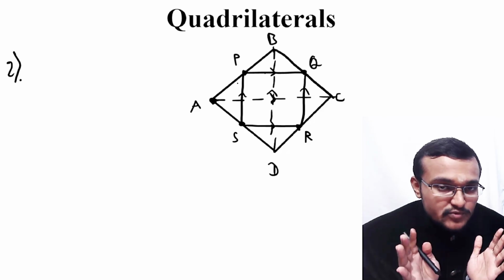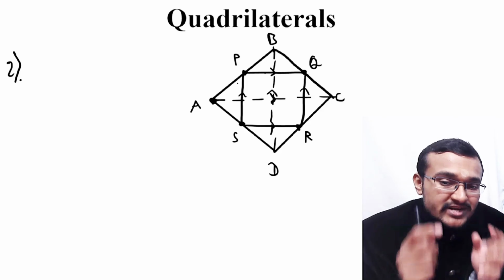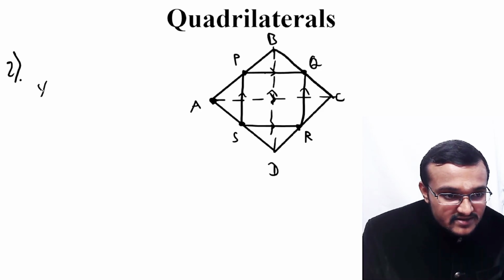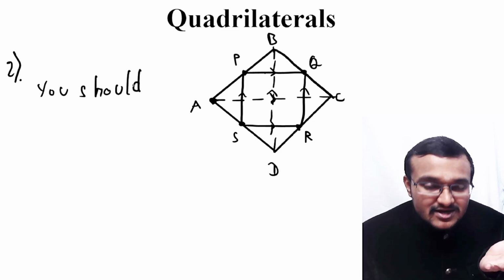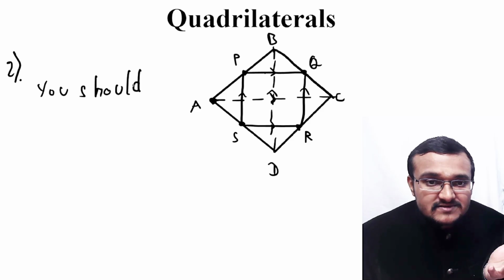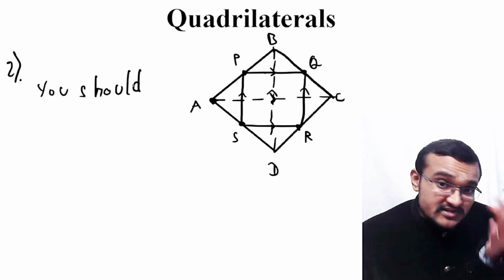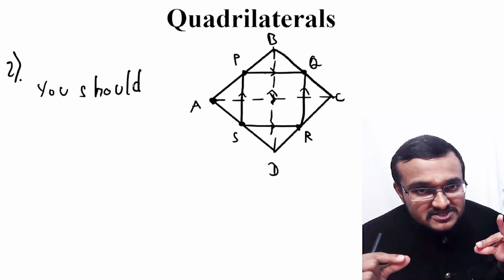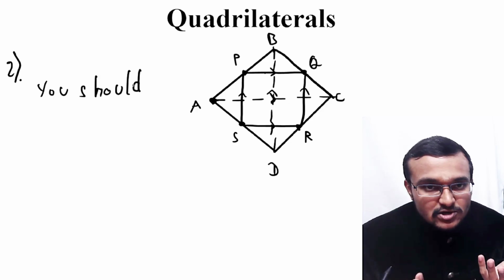In the first question I proved it for a quadrilateral. Here we have a rhombus, that's it. Before proving PQRS is a rectangle, you need to prove that PQRS is a parallelogram. In the first question we had proved that. Here in place of the quadrilateral we have a rhombus, and a rhombus is also a quadrilateral, so PQRS will be a parallelogram.